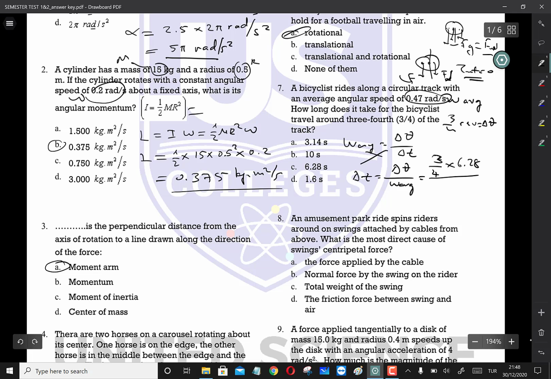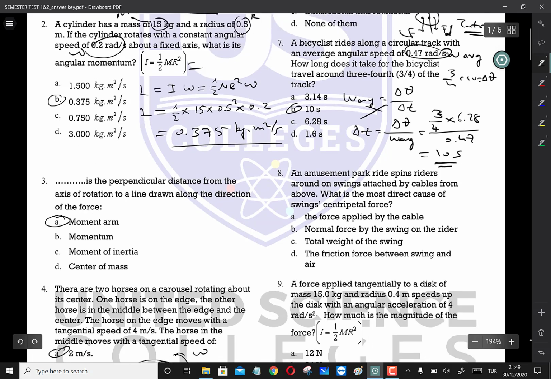Divided by omega average, which is 0.47. Let's calculate it. 3 over 4 multiplied by 6.28 divided by 0.47, which is almost 10 seconds. Choice B is the correct answer.